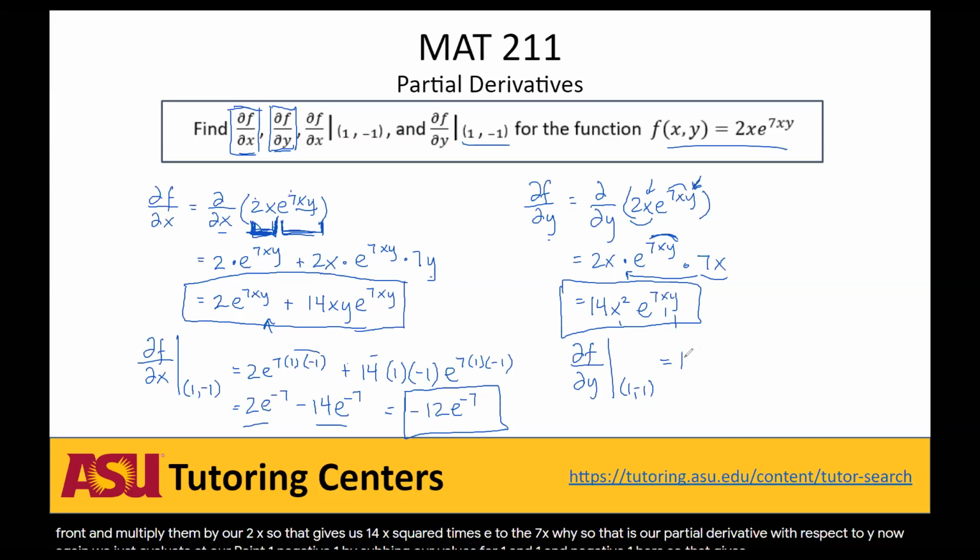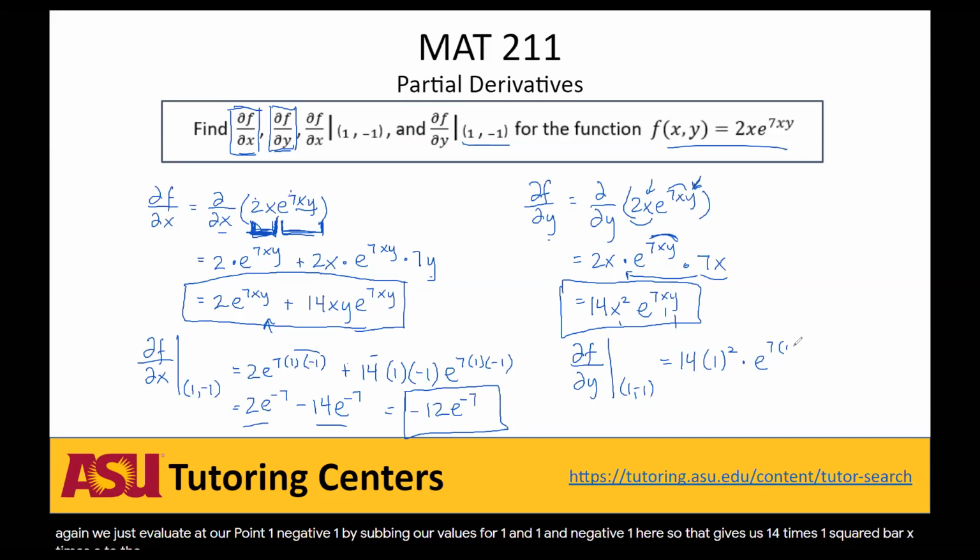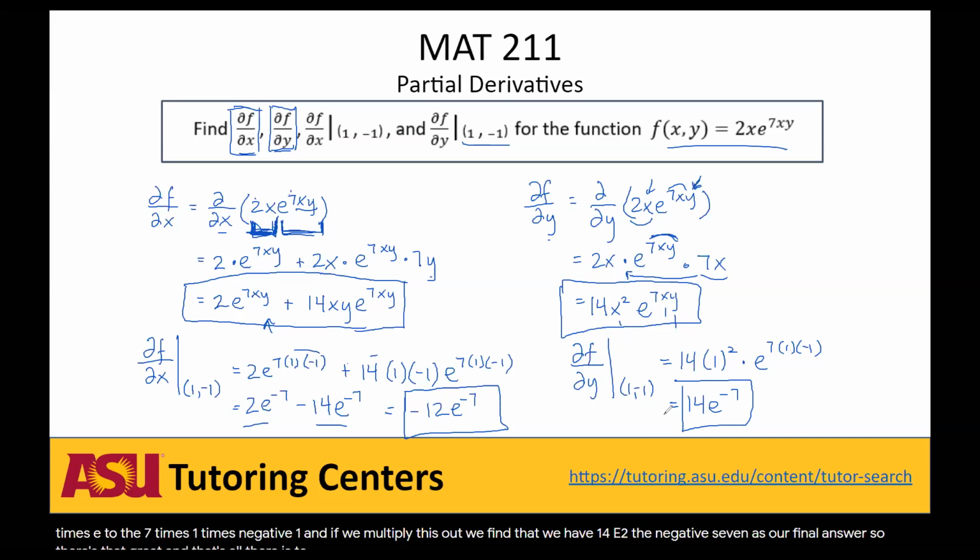So that gives us 14 times 1 squared for our x times e to the 7 times 1 times -1. And if we multiply this out, we find that we have 14e to the -7 as our final answer. So there's that. Great, and that's all there is to it.